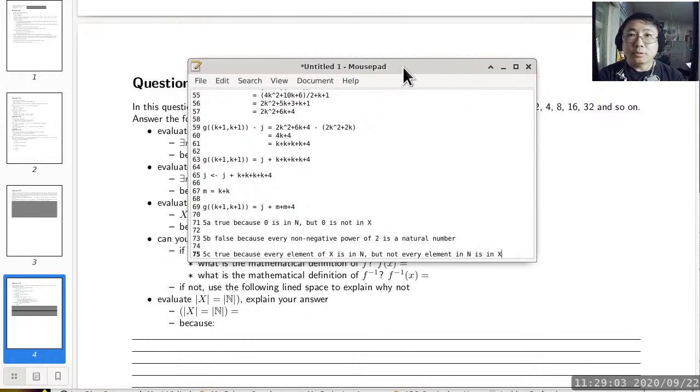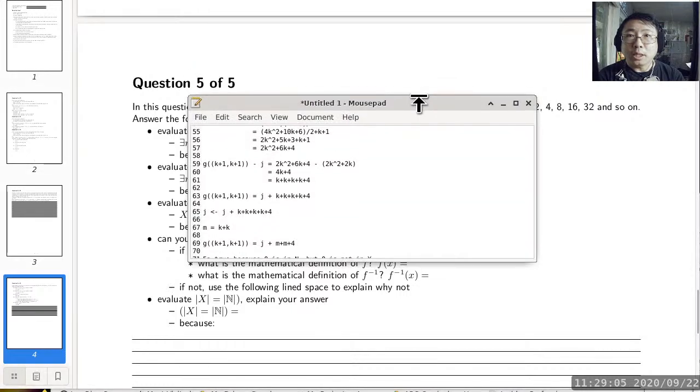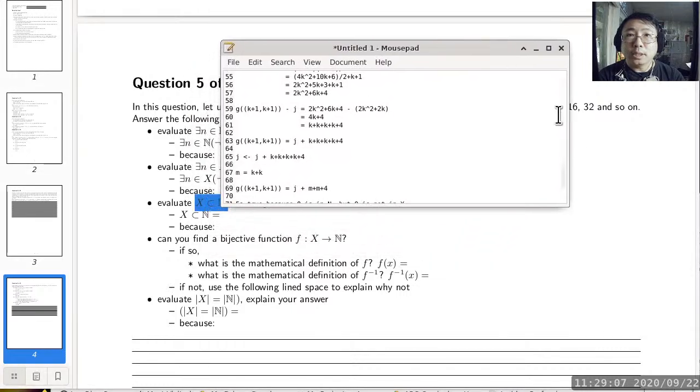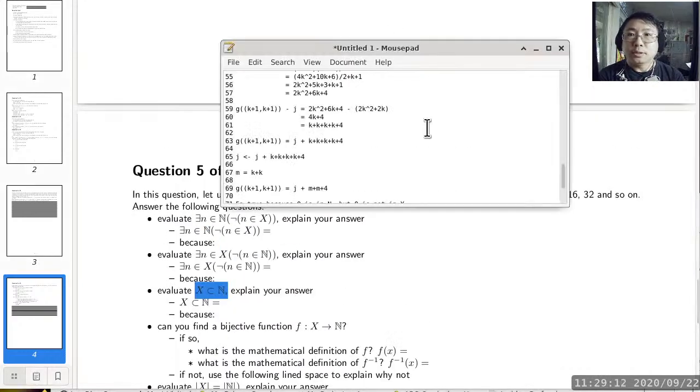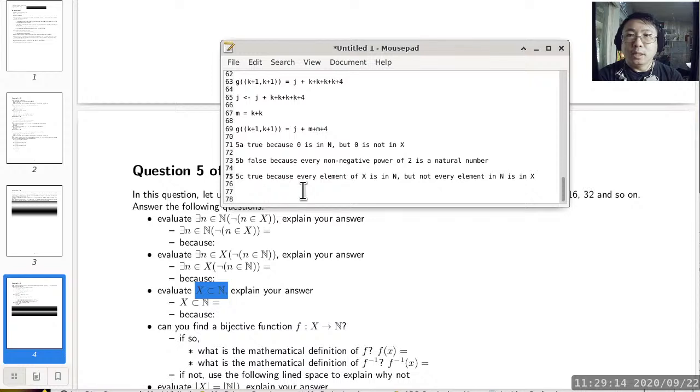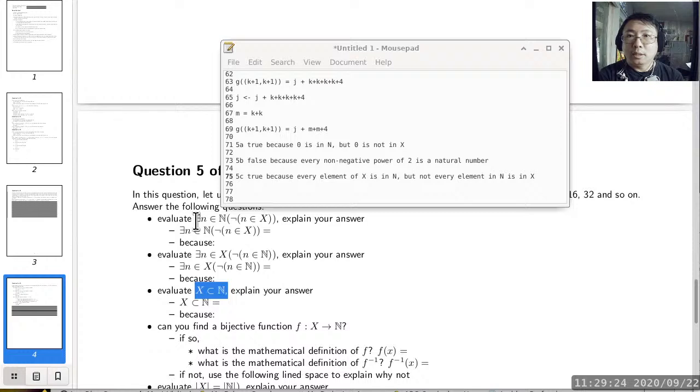Okay, so let me try to display the question and also the answer at the same time. Okay, I can scroll the question down a little bit. There we go. So this way we can see both. All right, so 5C is true because every element of X is in N. Now, how do we know that? Because I'm just looking at 5A and 5B.